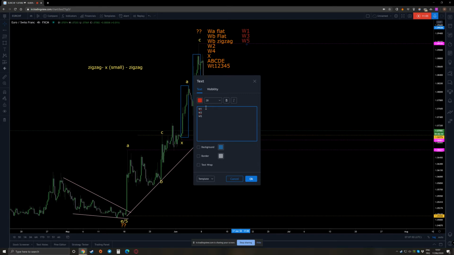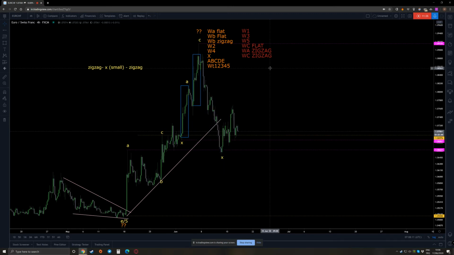Wave 5 is not possible. Wave C of a flat, not possible. Wave A of a zigzag, not possible. Wave C of a zigzag, not possible. So by identifying the kind of move that you have, you can actually make this happen for you guys. Okay? Now, let's do it like this too, so that even though I said it, you don't get confused.